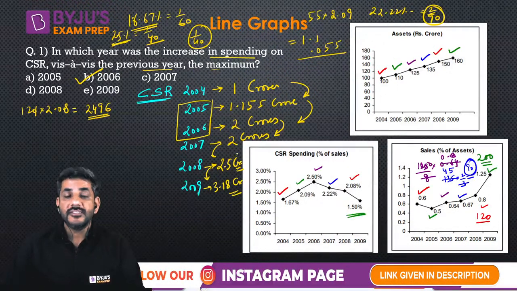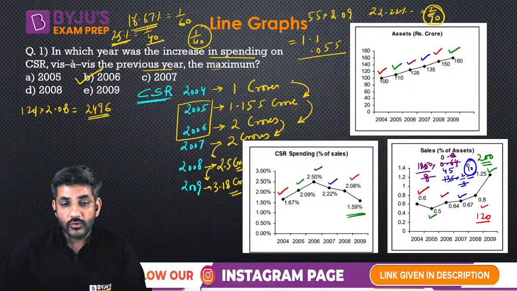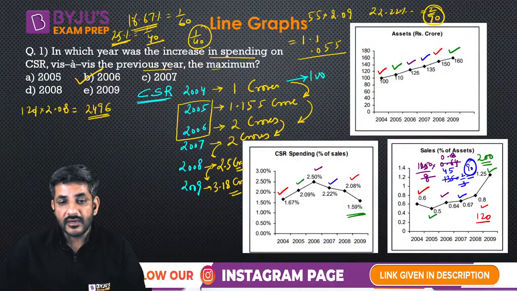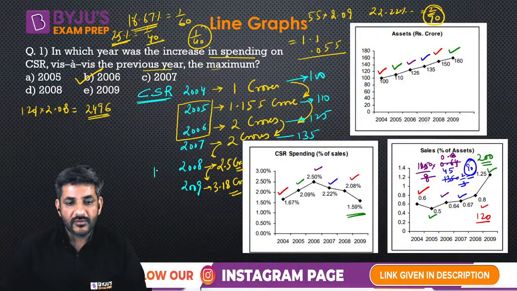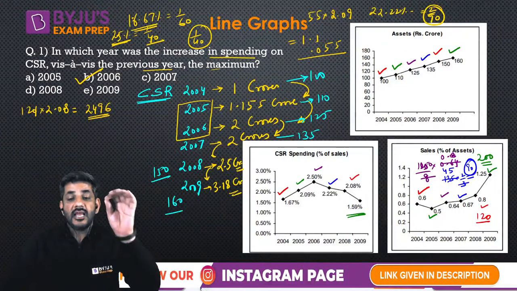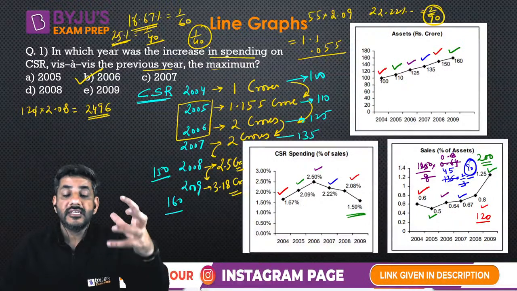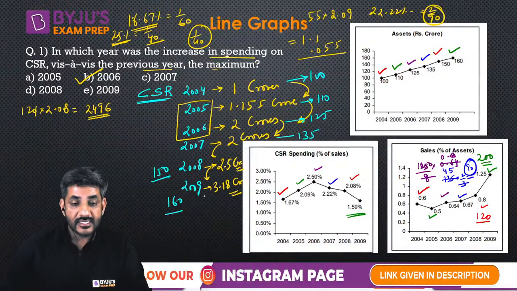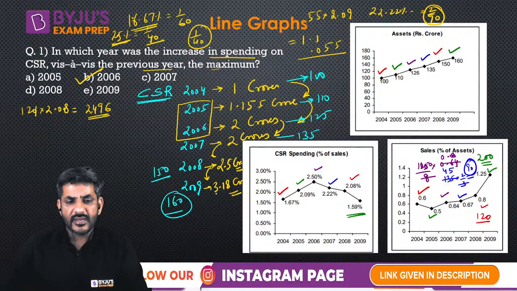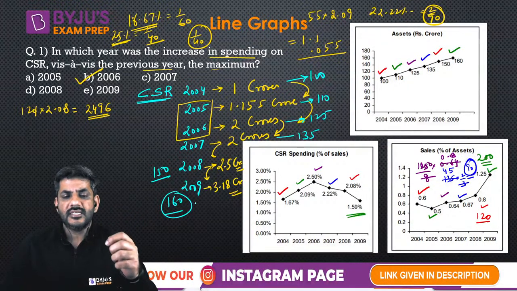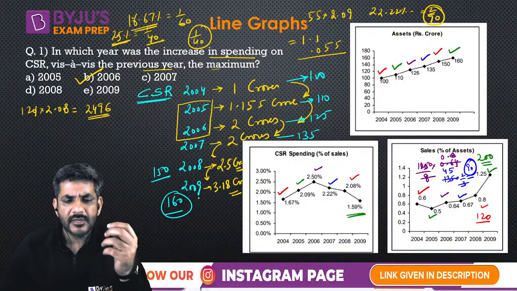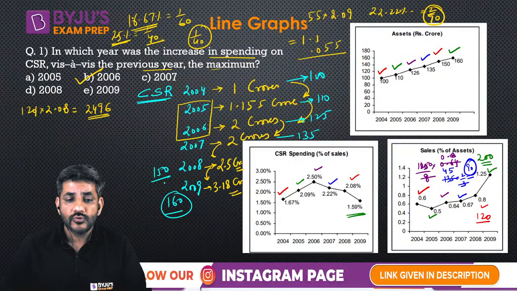I know what the assets are: 100, 110, 125, 135, 150, and here 160. When is CSR as a part of assets highest? I see that 3.18 on 160 is approximately 2%. This is very close to 2%.